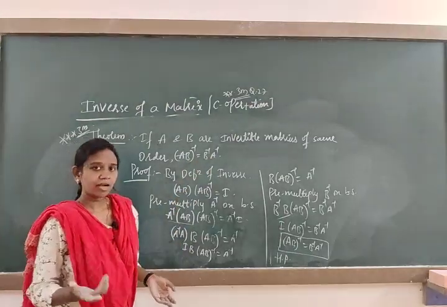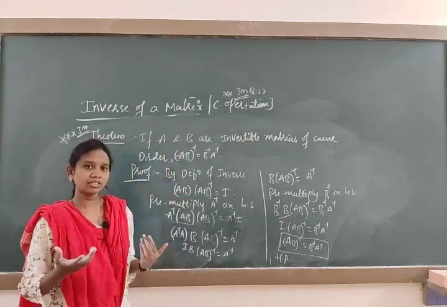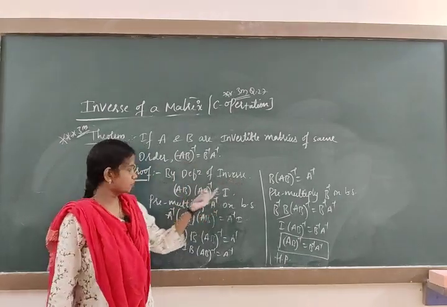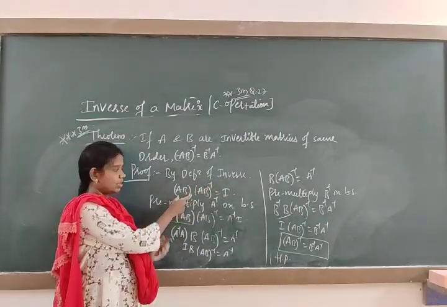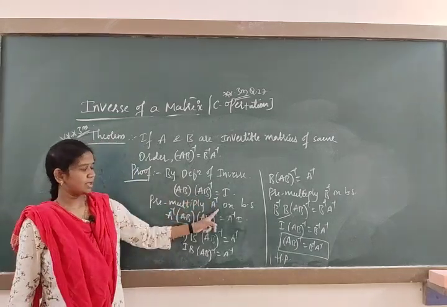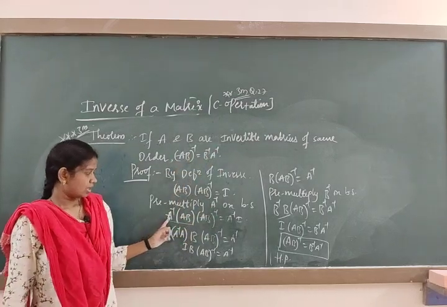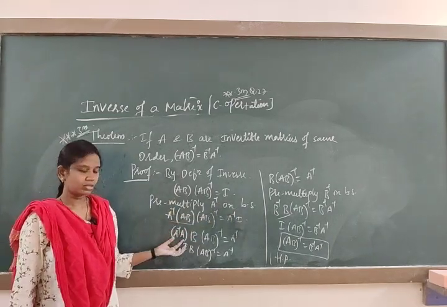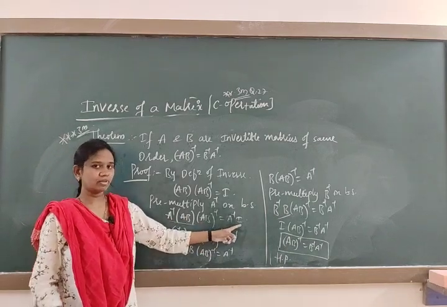When our matrix name was A, we take A into A inverse, but our matrix name itself is AB, so according to the definition of inverse, the name of the matrix is AB, and AB into its inverse is equal to I. Pre-multiply A inverse, because the inverse of A will exist according to the statement. Make a grouping: A inverse into A, this is B, this is AB whole inverse, this is A inverse into 1.